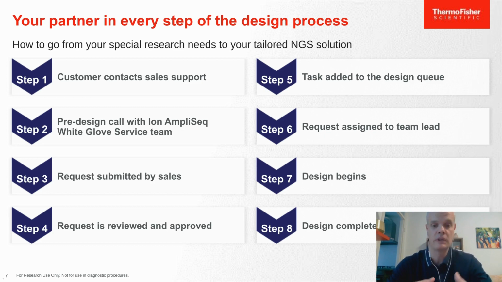More often than not, we go on with setting up what we call a pre-design call with one or more representatives from the white glove service team, the customer, and sales, to try and figure out more of the details, whatever hasn't been discussed in the initial discussion, and to figure out at least the general details and the scope of the design, because those will definitely start defining what the eventual outcome will be. So the actual design and the actual panel in your hands.